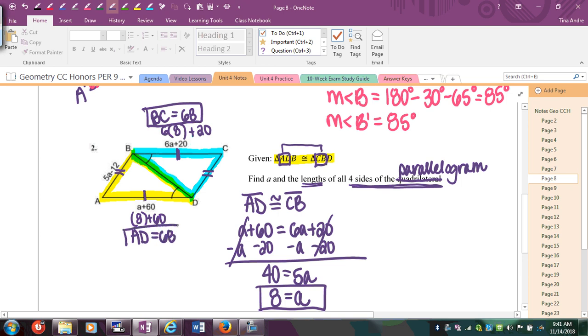So there's another measurement. And then over here for AB, now that I know A, you can plug in. So 5 times 8 minus 12. So that's going to give me 28. And then there's no way for me to check CD other than to know that the opposite sides have to be congruent in this parallelogram. So that means CD is 28. So there's our four sides.